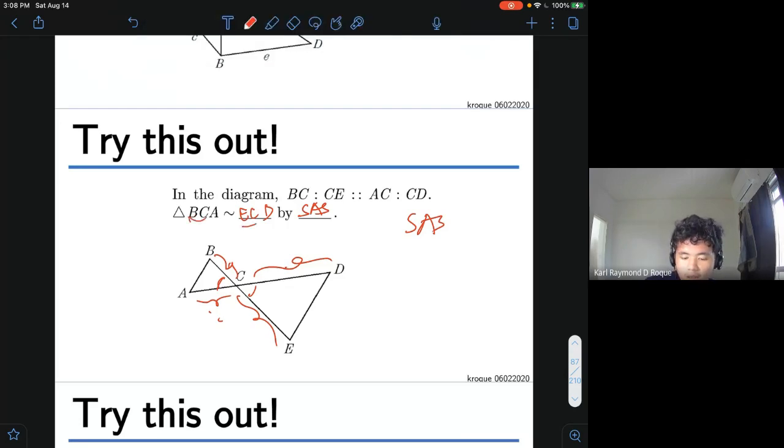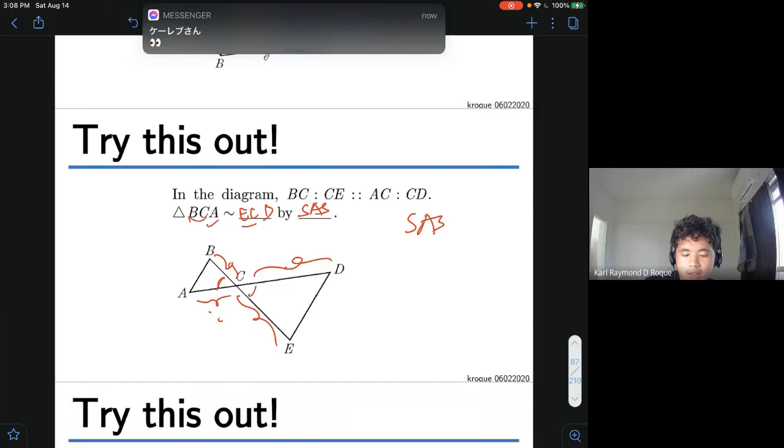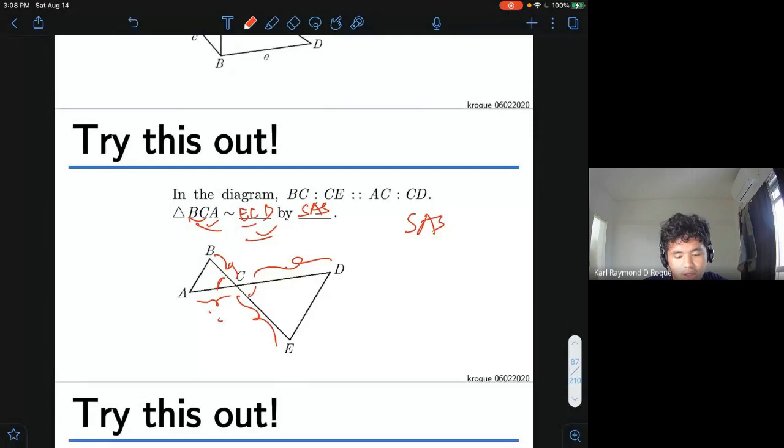BC is to CE, AC is to CD, by SAS. Sorry, the angle BCA is to DCE. BCA, DCE. There. By SAS, they are congruent.